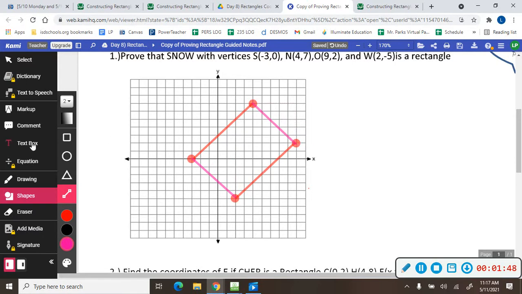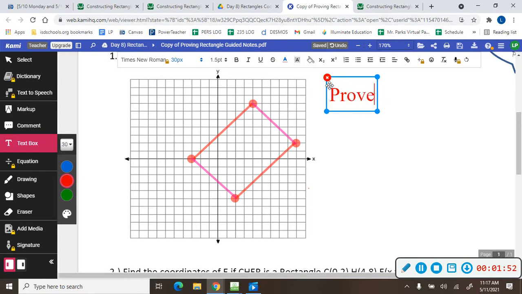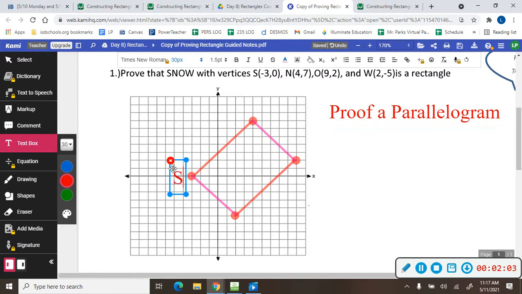So first, I would write a proof of a parallelogram. And then don't forget to label your points. Like this is S at -3, 0, N at 4, 7, O is at 9, 2, and W is at 2, -5.